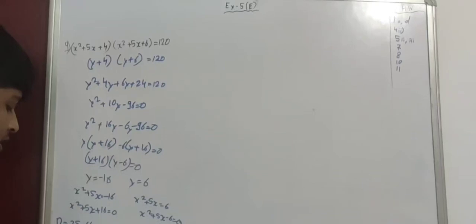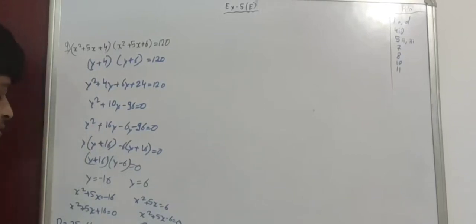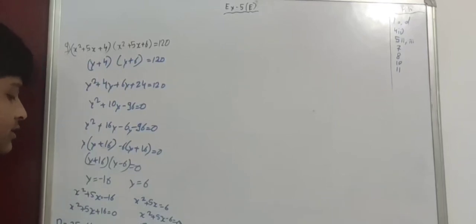So since D is smaller than 0, the roots are imaginary, so no need to solve this. And here we will have D is equals to B square means 25 minus 4 into C. So we have plus 24 means 49. So this will be real, so you have to solve this.